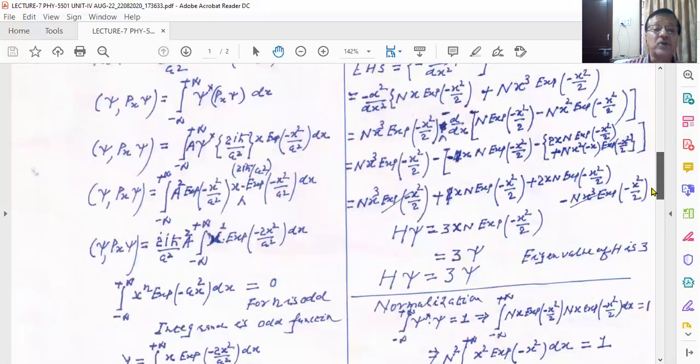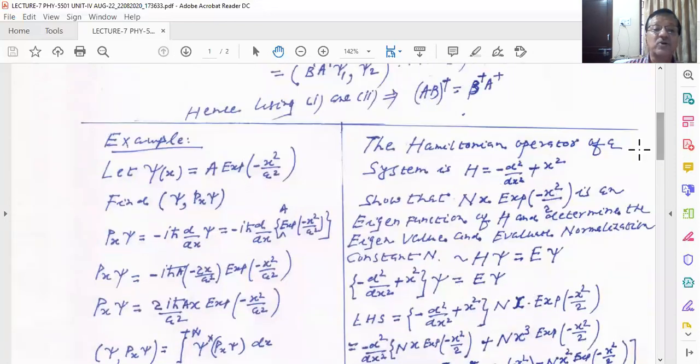So the answer to this particular question, the scalar product of psi and its derivative dx, is zero. This is one example which shows you how to find scalar products for various eigenfunctions. Such problems are asked in various competitive examinations, so please take care.